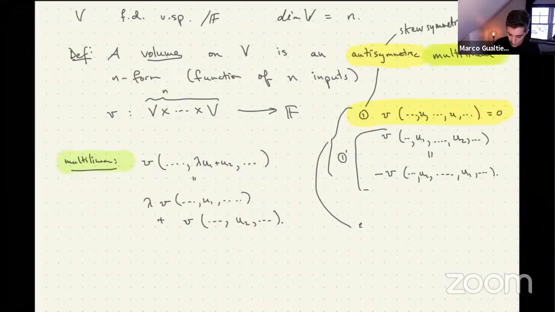So this is equivalent except when the characteristic of the field is 2, which the only field which we've seen like that is F2. So just please ignore this issue. It has to do with the fact that if you look at the proof that I gave that this condition follows from this one, it involved dividing by 2.